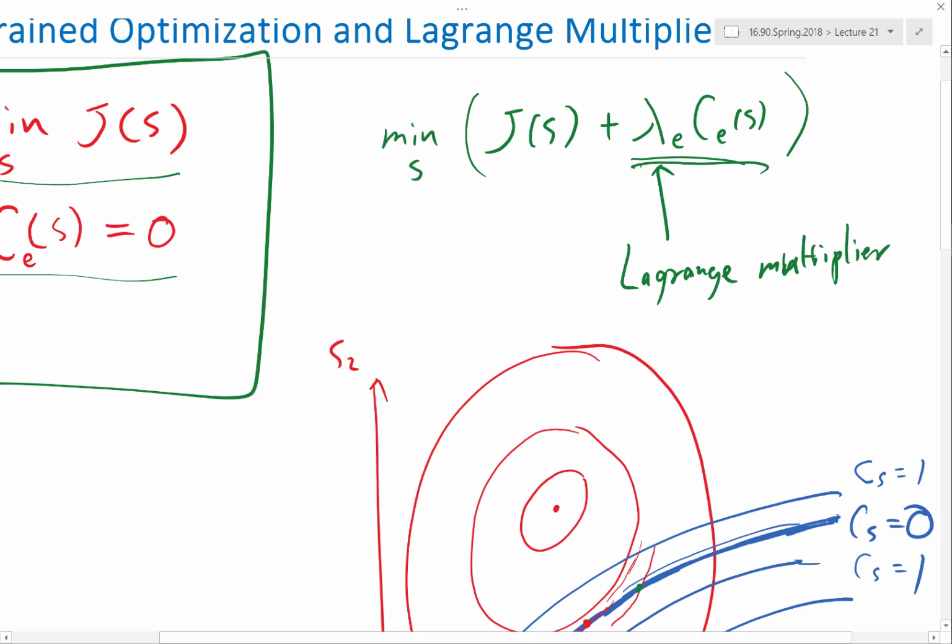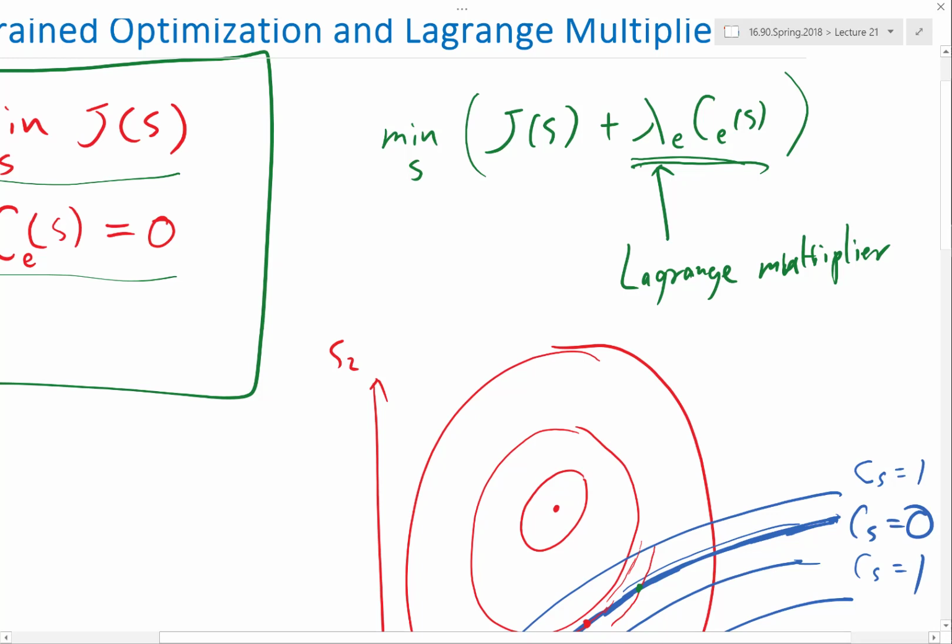Okay, so now what's the value of lambda E then? Minus 1? No. If you take the gradient of J versus CE, they point towards maybe the same, maybe the opposite direction, but they're not of the same magnitude.